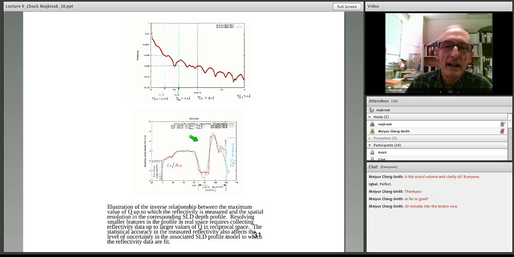And that's what it takes. So again, to get a resolution of the order of, let's say, 3 angstroms, we have to go to a Q of 1. To get something of the order of 5 angstroms, we need to go to a Q of 0.6, and so on and so forth. We'll see an example of a real system later on. And that just gives you an idea of what's possible at the present time.